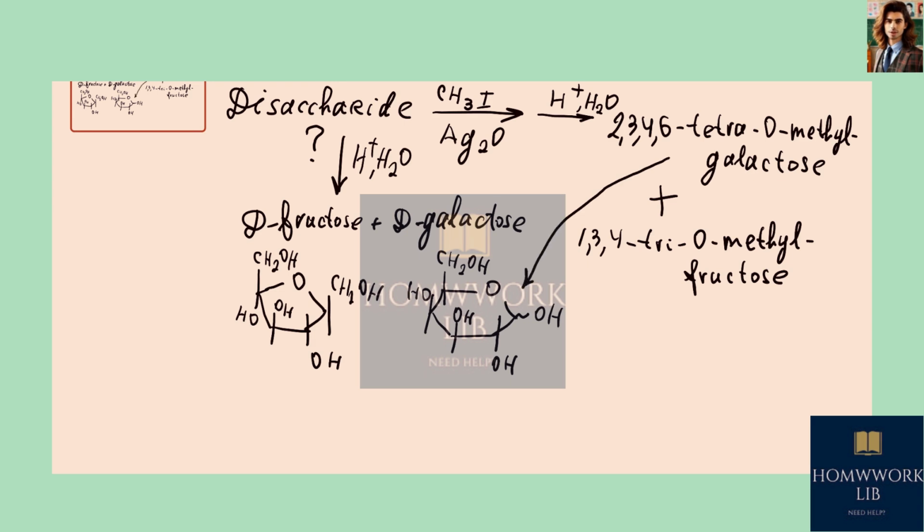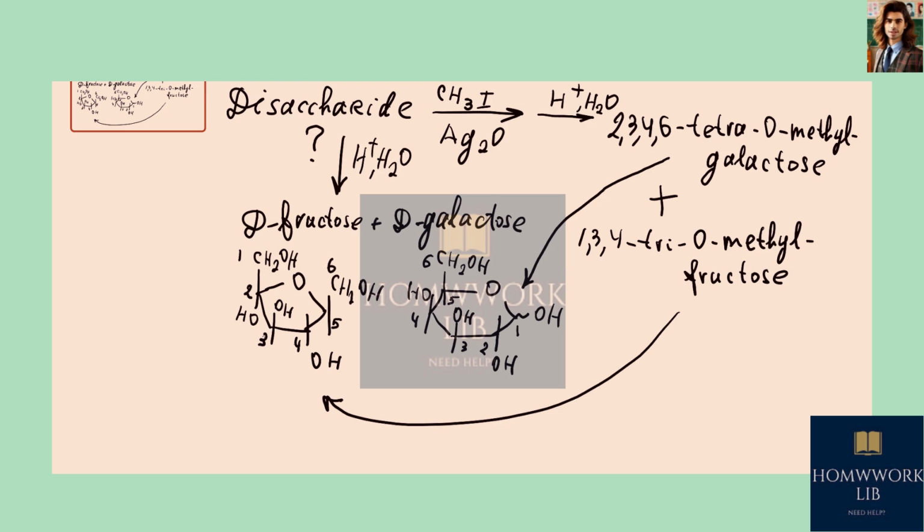So we start numbering from the glycosidic carbon: 1, 2, 3, 4, 5, 6. And we replace hydrogens on those carbons with methyl groups. The same thing we're doing with fructose. We're numbering to assign the lowest number to the glycosidic carbon, which is 2, 3, 4, 5, 6.